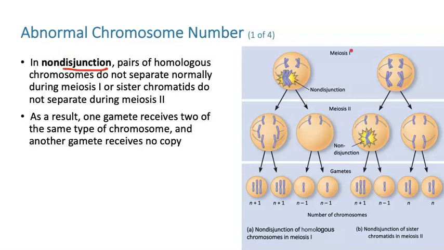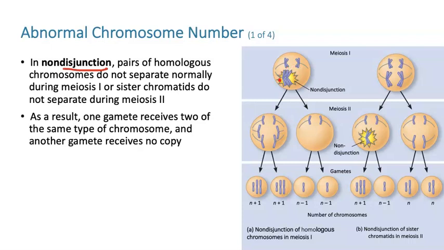So in normal meiosis, you would separate homologous chromosomes. But in nondisjunction, one or more of those chromosomes does not separate properly in meiosis. This can also happen in mitosis. It can also happen in meiosis 2.